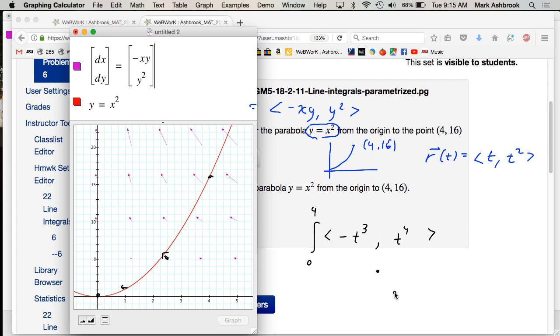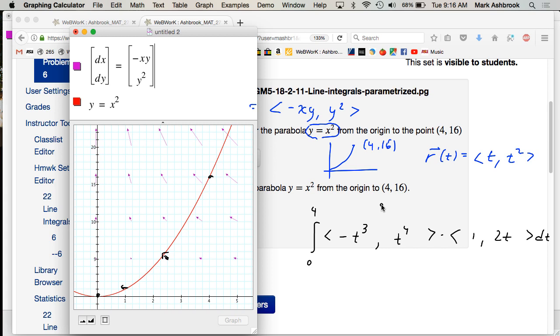Because all along the path, x equals t and y equals t squared, and that's all we care about. All right, and then dot dr, so that's going to be 1 and 2t, and then dt. And t goes from 0 to 4, because t is the same as x in this case.